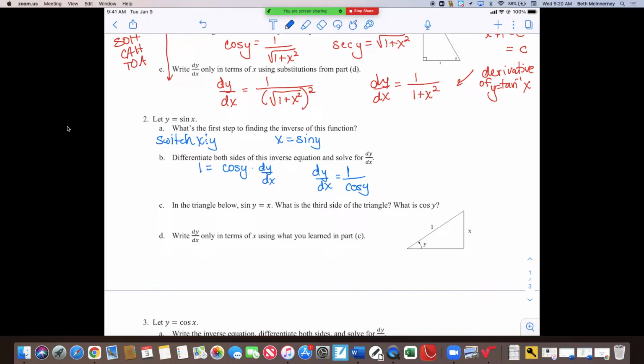In the triangle below, I am using that the sine of y, because that was our inverse in part A, I have sine y equals x, or x over 1. All right, what's the missing side? If you do Pythagorean theorem, what's the missing side of that right triangle? Good job, the square root of 1 minus x squared. Then what is the cosine of y?